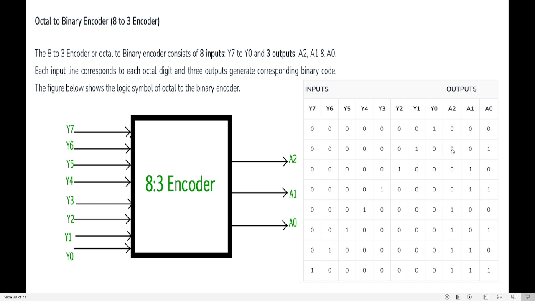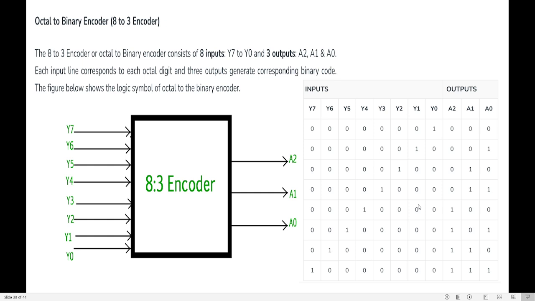So fill it with binary numbers 000 to 111. This is how the circuit is. If I give input information 00000010, it gives my code as 001. Now I've got my truth table, and you understand how to fill it.